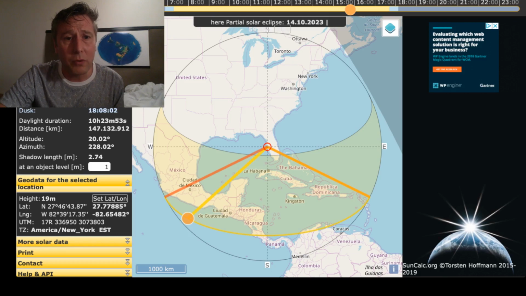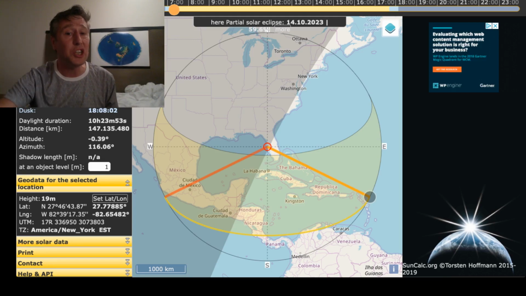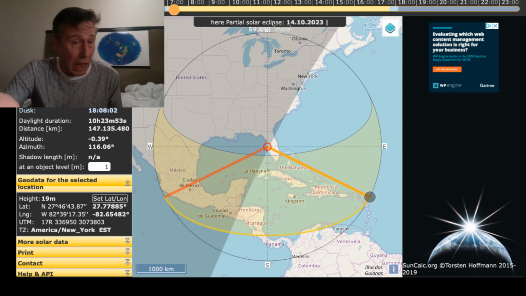Can you see how around sunrise, it's southeast, not northeast. And even when the sun is on the Tropic of Capricorn, this objective sun that has a location, even then it doesn't triangulate, it doesn't fit. And let's see where it sets.